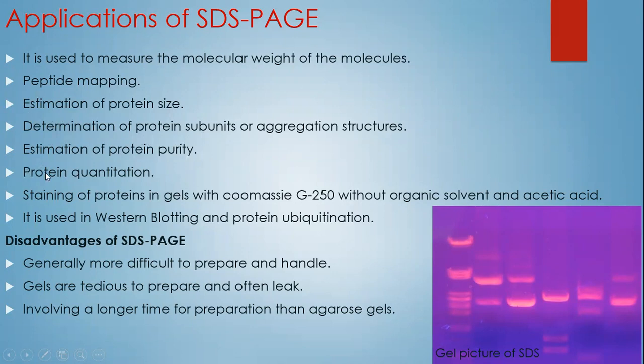We can quantify the protein, staining of protein in gel with Coomassie G250 without organic solvent and acetic acid. It is used in Western blotting and protein ubiquitination.